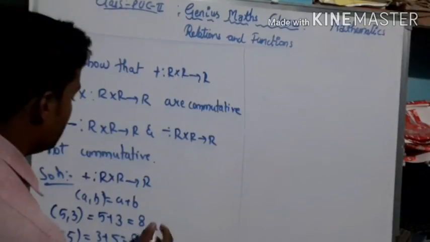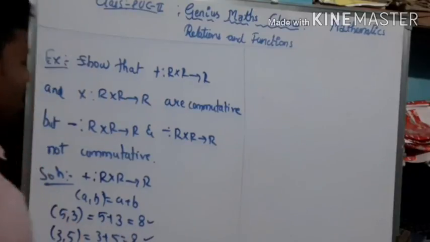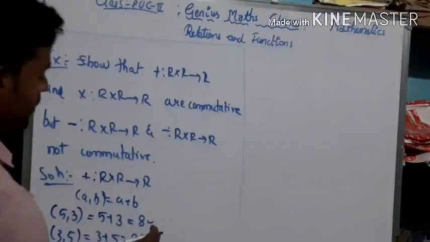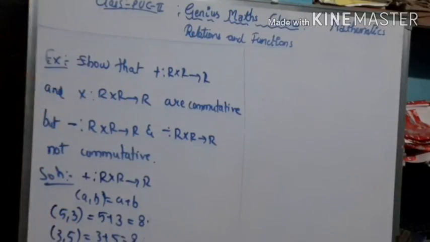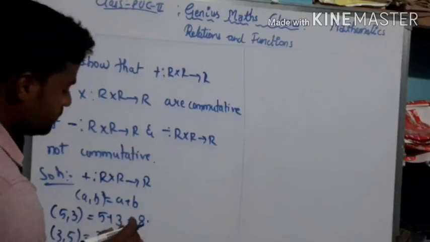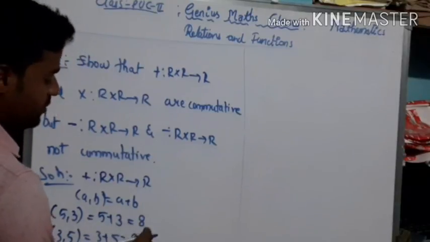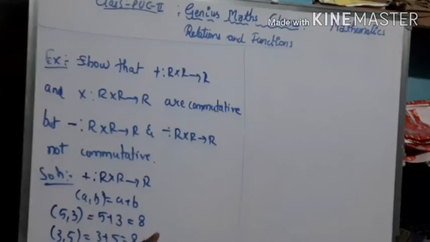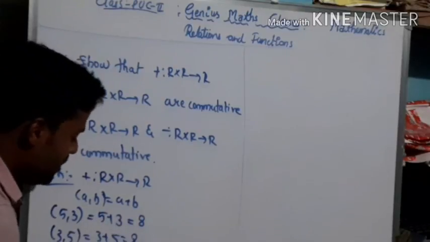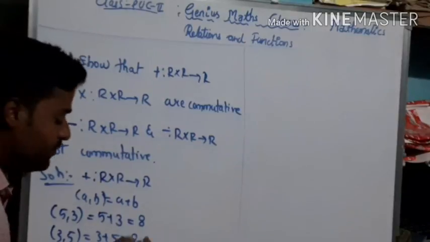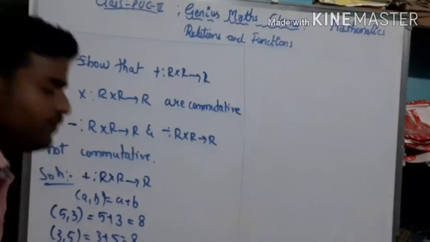So therefore this is commutative, because on both types of addition you are getting the same result. Therefore this is the commutative operation.